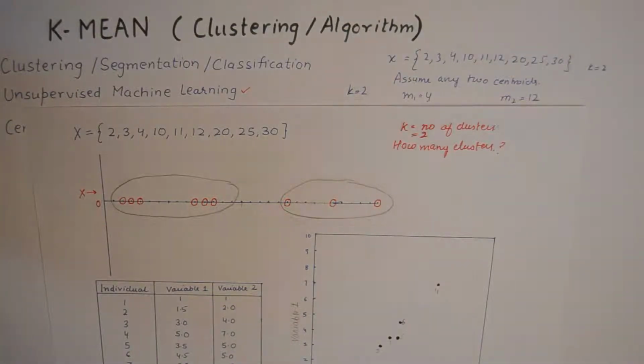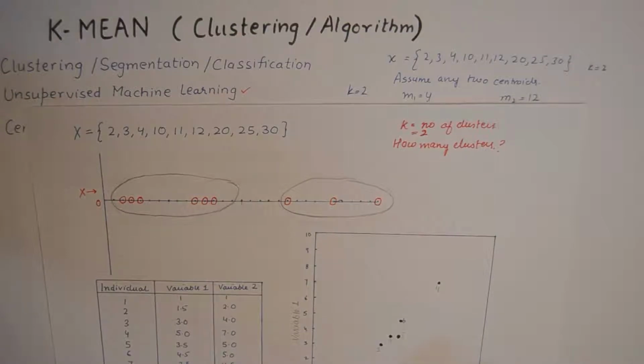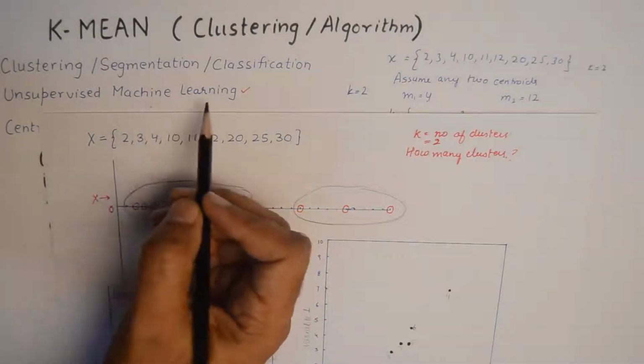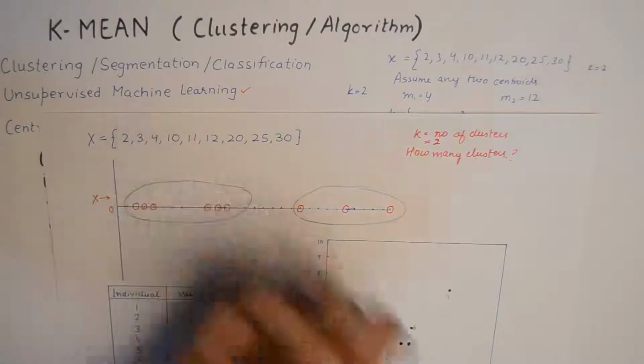So the closely placed data elements to each other will have similar properties, that k-means clustering algorithm would think. So it has an unsupervised machine learning attitude, and that is what is needed to be understood as a key point here.